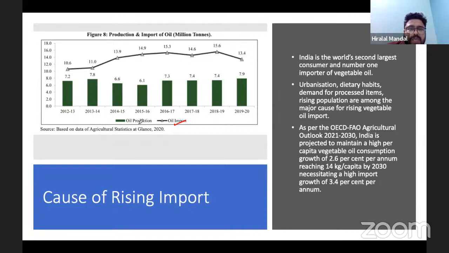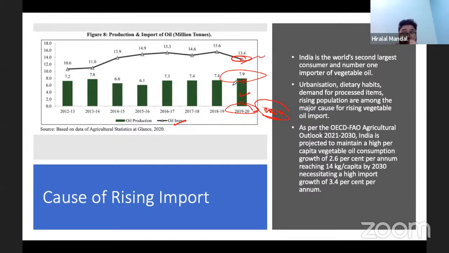So oil production, this is the production. So this is 7.9 million tons, and this is import of oil. Import of oil in 2019-20, the data is not given. 2020-21 data is not given. So import of the oil has also gone up.